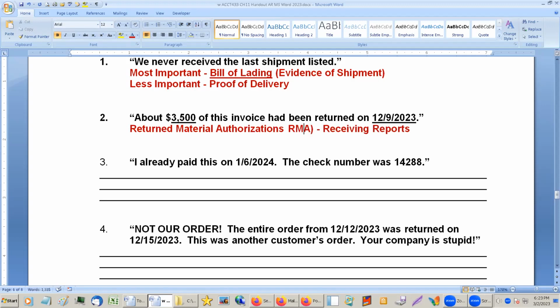But also receiving reports. And here's why. When something comes into a place, they don't just take it in. There's usually a reason why it has to be there. For instance, if a supplier ships something, there better be a purchase order for it. If there's no purchase order for it, they turn the truck around and tell it to leave.